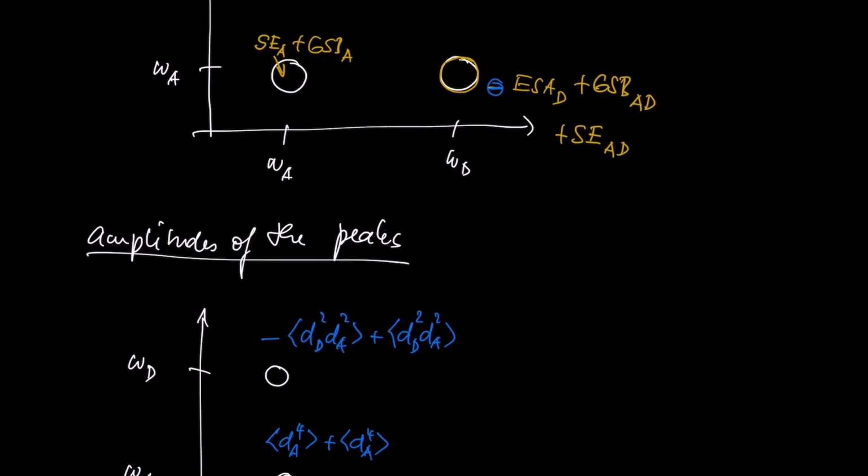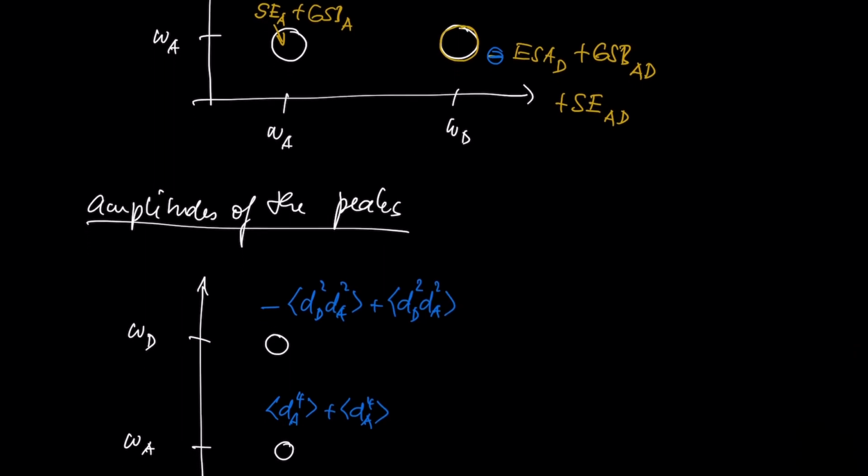Okay, let's have a look at this situation at the bottom. So there is excited state absorption from D. So excited state absorption from D will first of all suffer from a decay of D. So there's going to be this term, and excited state absorption from D means that we excite D, and then to go to the twice excited state we have to excite A. So there's going to be D A square D square, and it occurs with minus.